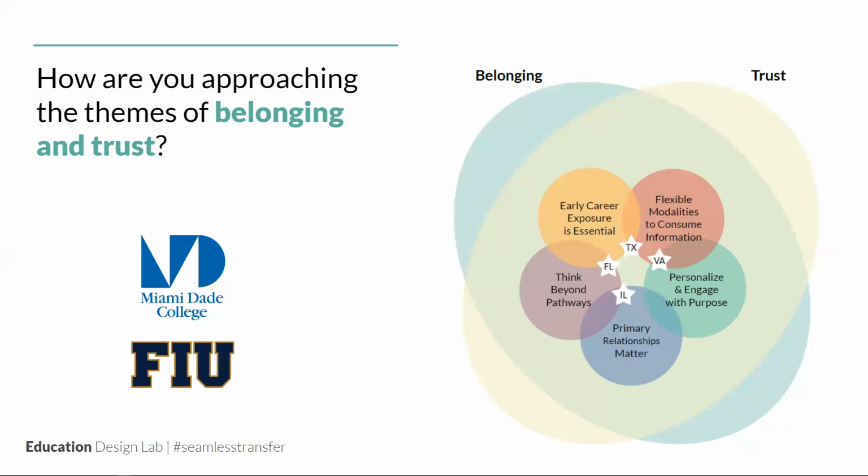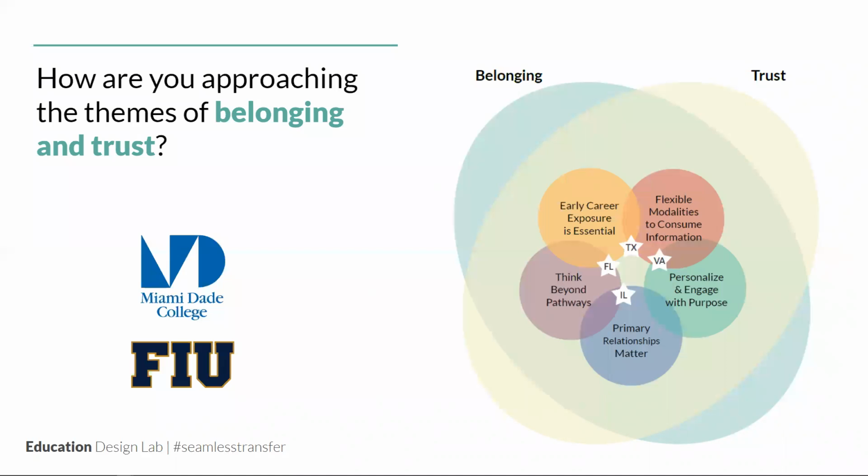It builds in a lot of this belonging and trust, where FIU, Florida International University, has a high touch with Miami-Dade College students while they're making their way through their associate's degree and preparing for the transfer.